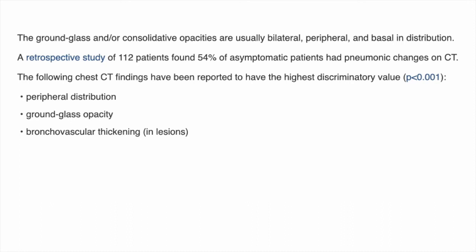That you have to know: the more common sign on the CT scan is they are peripheral, they are bilateral, and they are basal in distribution. Okay, that's very important to know for you.